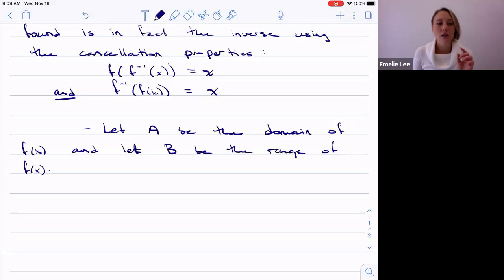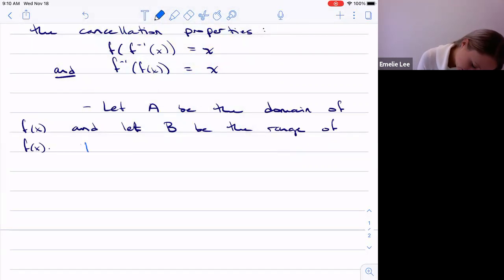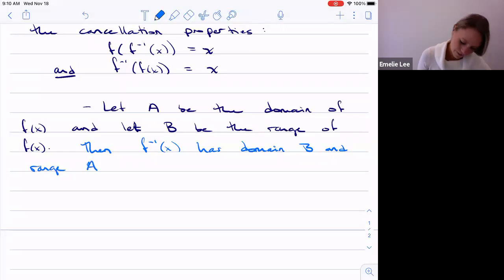What happens is the whole domain becomes the range, and the range becomes the domain. So I'll do it in a different color. Then f inverse of x has domain B and range A.